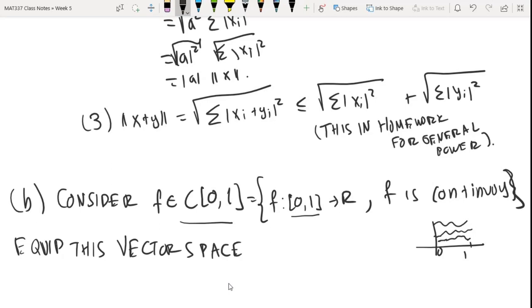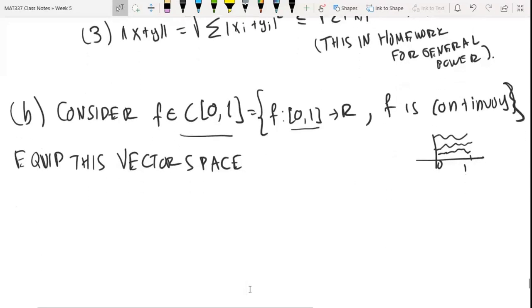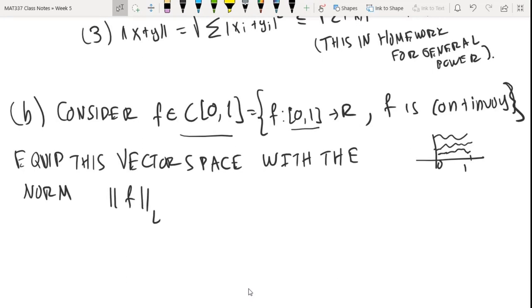Like, why is it closed under addition? The sum of continuous functions is continuous. You equip it with the norm which is called the L1 norm, L for Lebesgue.